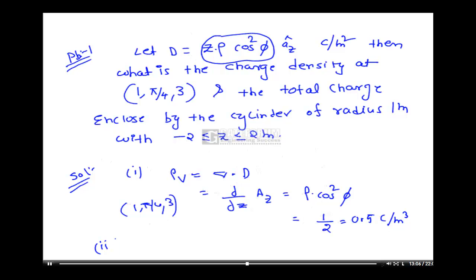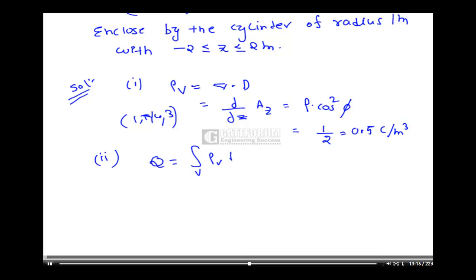And the next one is, what is the total charge enclosed by the cylinder? The total charge enclosed is nothing but integration over v of rho v dv. So this is integration along rho, phi, z: rho is given 0 to 1, phi is 0 to 2 pi, z is minus 2 to 2, of rho v dv.